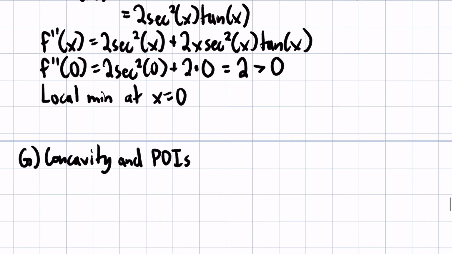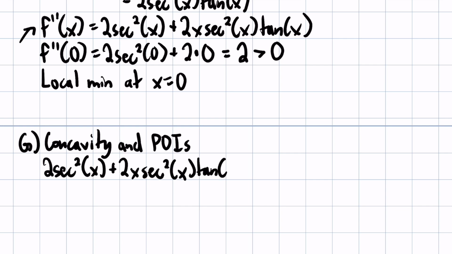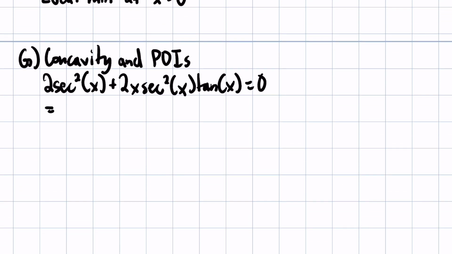So to find the inflection points, we want to set our second derivative equal to 0. So here's our second derivative. 2 secant squared x plus 2x secant squared x tangent x equals 0. So first, let's just divide by 2.